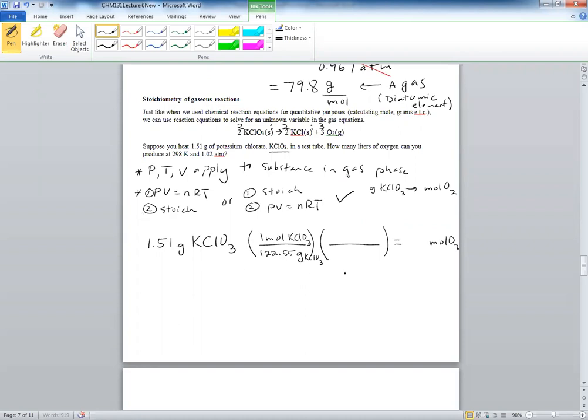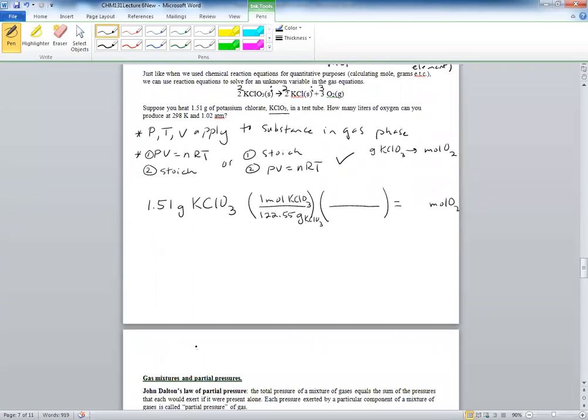So you divide by the molar mass. Let me show you this. Grams of A divided by molar mass, times ratio, times molar mass of B, gives you grams of B. And here in the middle, you have moles of A. Here you have moles of B. So where are we?